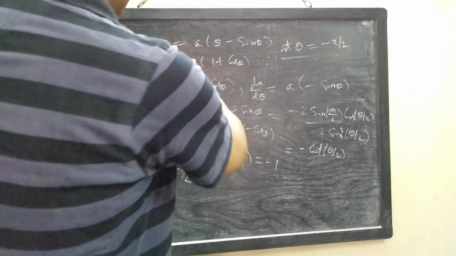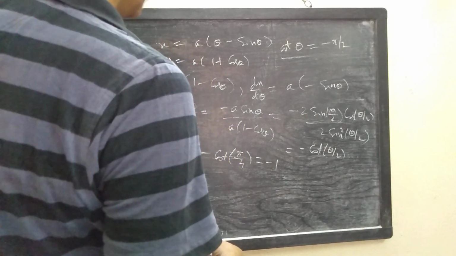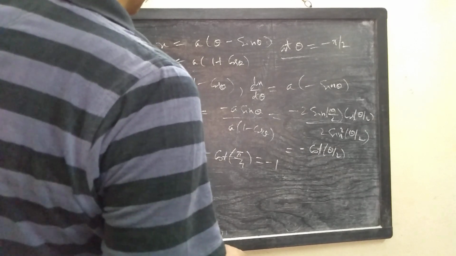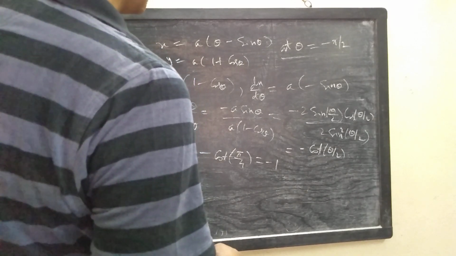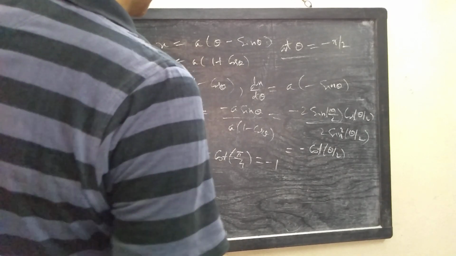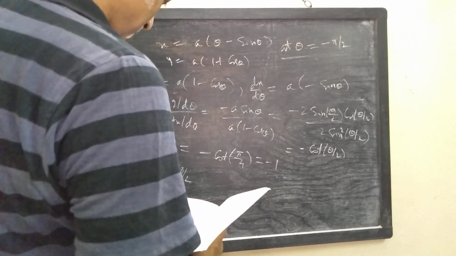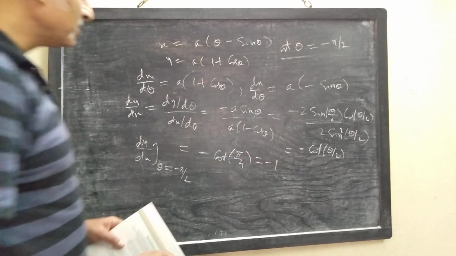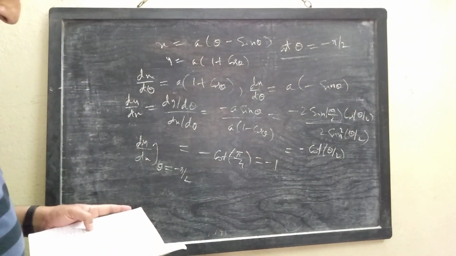dy/dx, this is dy/d theta. x is theta minus sin theta, y is a into 1 plus cos theta. I have made a mistake here: y is a into 1 plus cos theta.